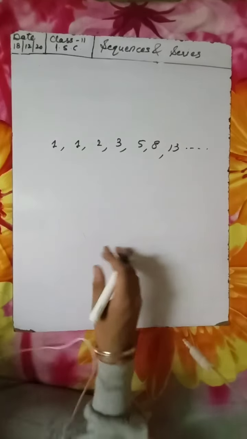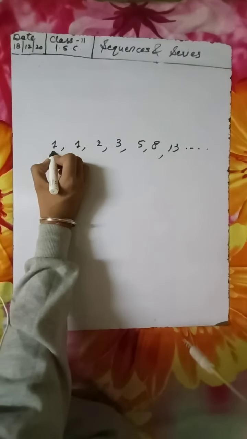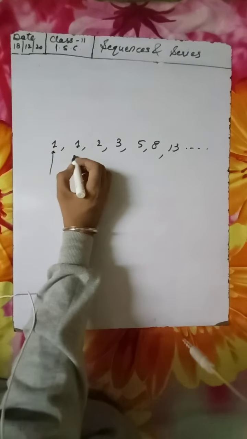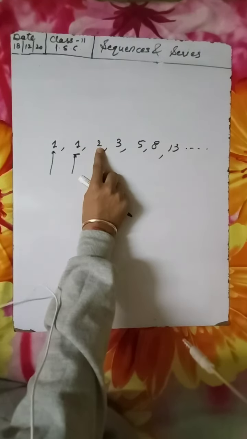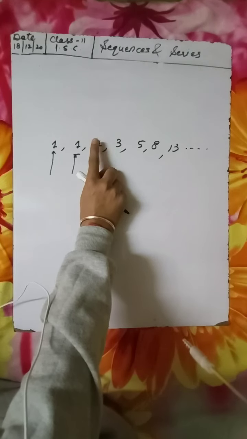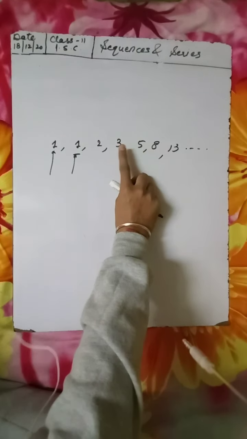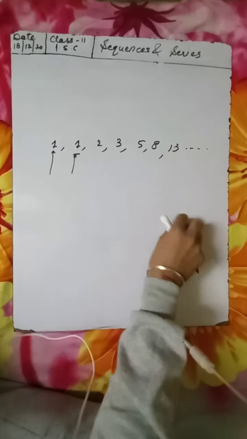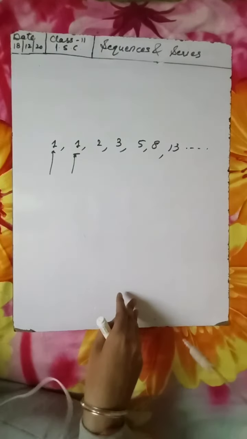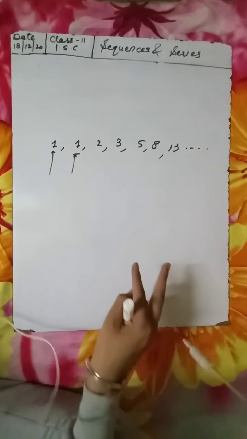Which progression, I'll tell you. See, if I'm taking the first member as 1 and the second member as 1, then 1 plus 1 is what? 2. 2 plus 1 is what? 3. 3 plus 2 is what? 5. 5 plus 3 is 8. 8 plus 5, 13, and so on, by adding the preceding two numbers.